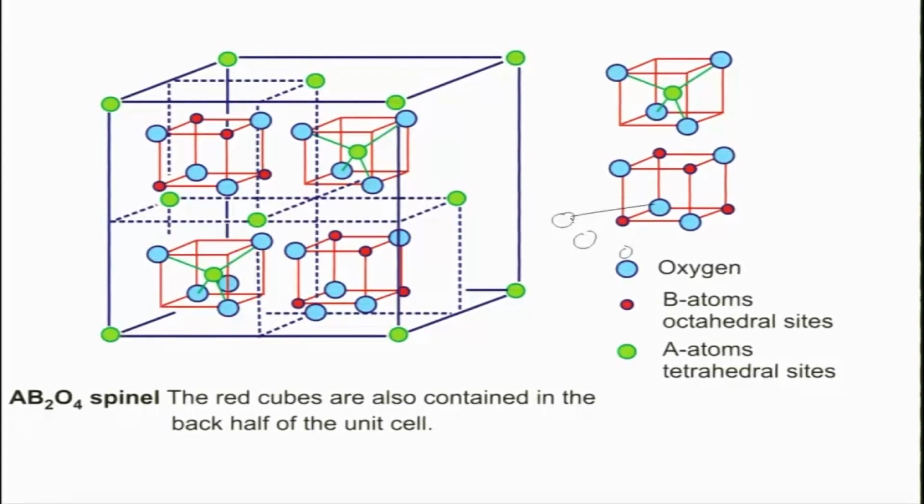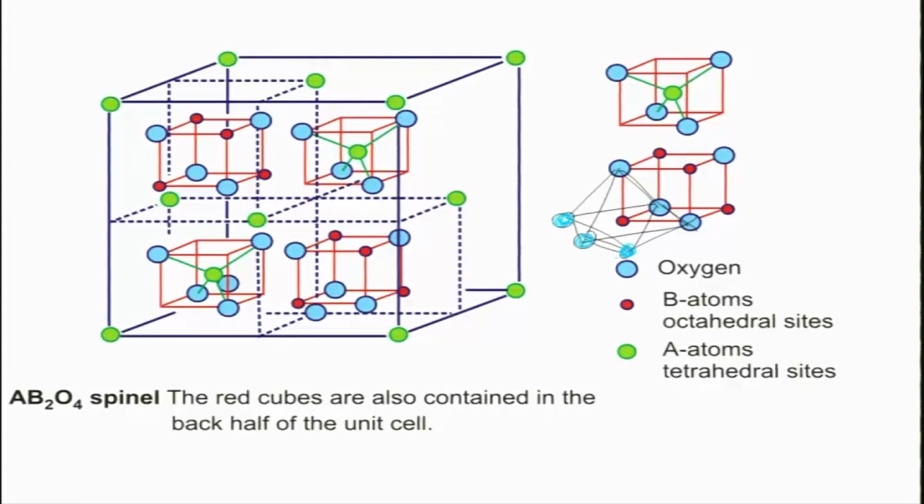So, this will make an octahedra, right. You can see that this is my blue atom, this is my blue atom, this is my blue atom. All of these are oxygen atoms. They make an octahedra, and within these octahedra you have this cation sitting. Only half of them are filled.